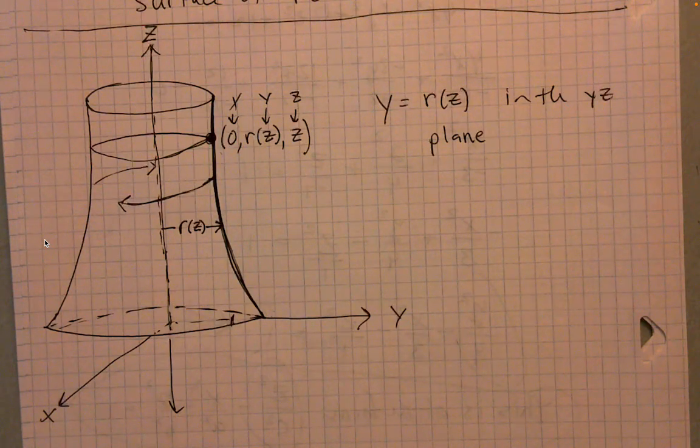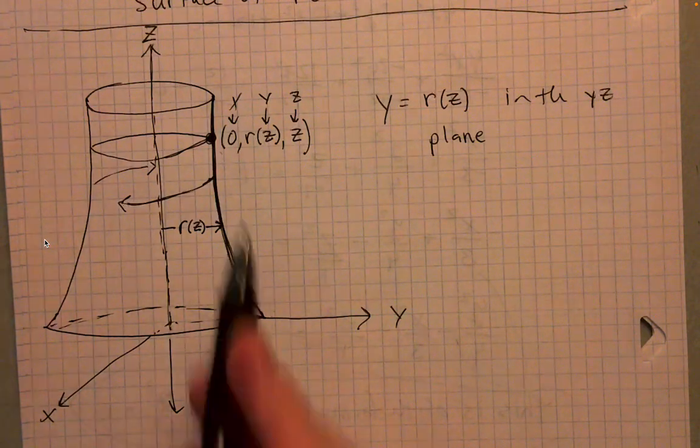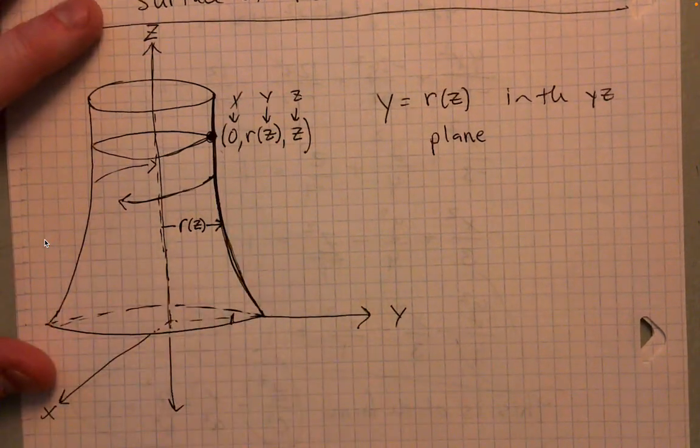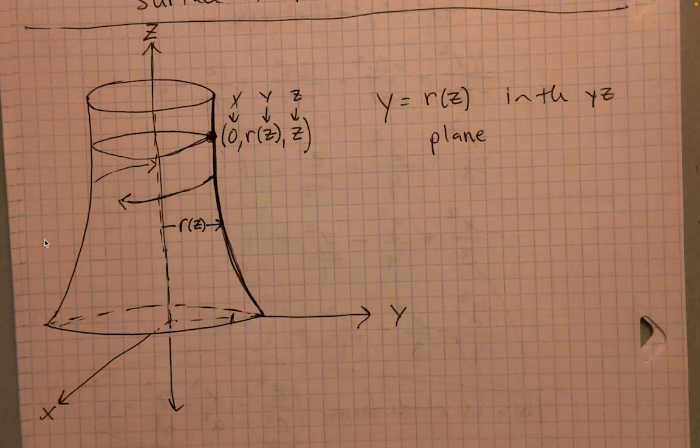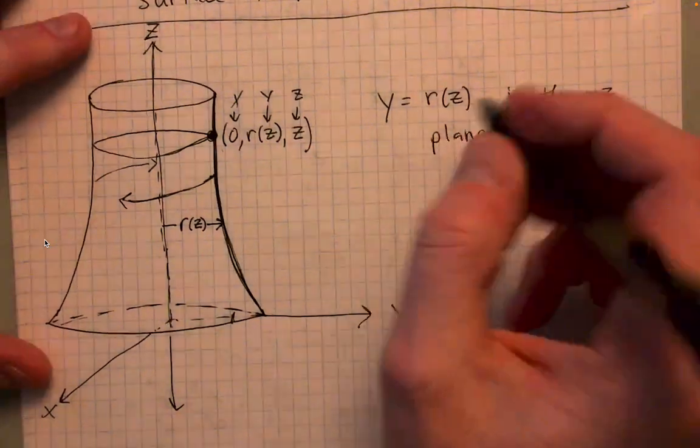Now, it's important to notice that the trace of the surface in the plane where z is equal to z0 is just going to be a circle. So any of the traces in the plane z equals z0 is going to be just a circle, and specifically a circle whose radius is r of z0. So let's write that down.